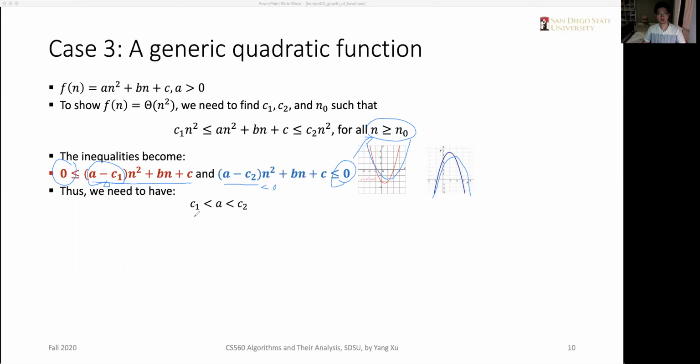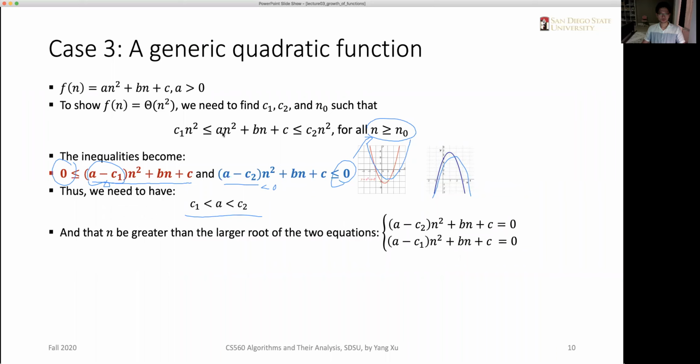Okay? So we need to have a between C1 and C2. Right? And the second condition we want to satisfy is that the number n must be greater than the larger root of the two equations, right? So assume these two equations.